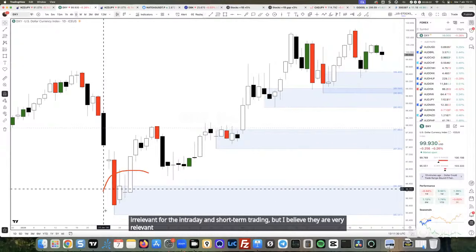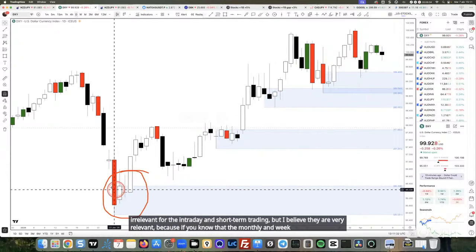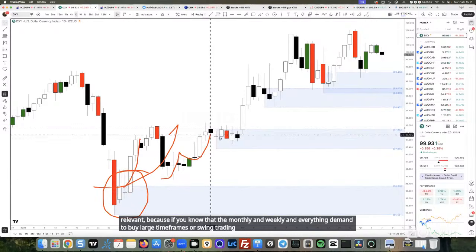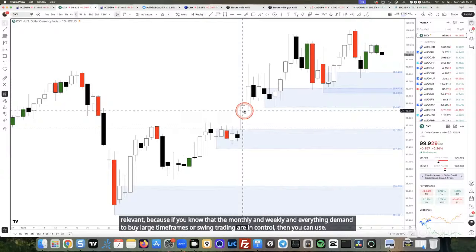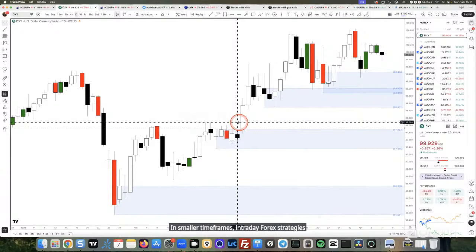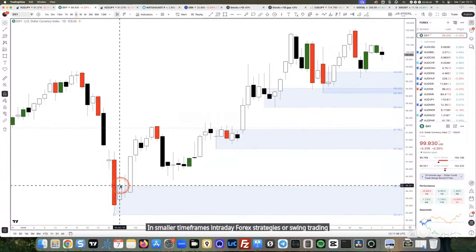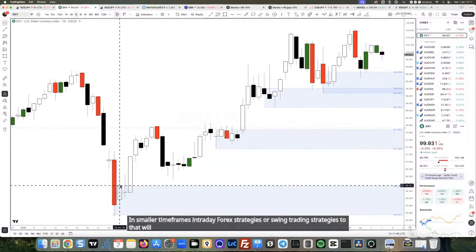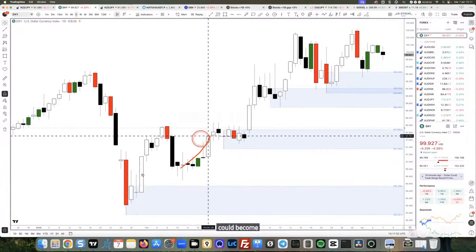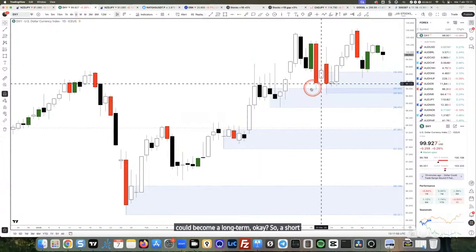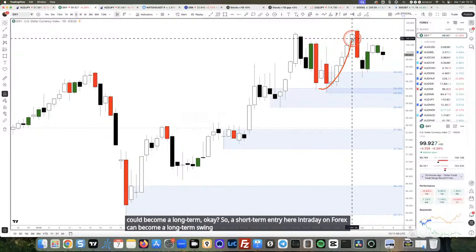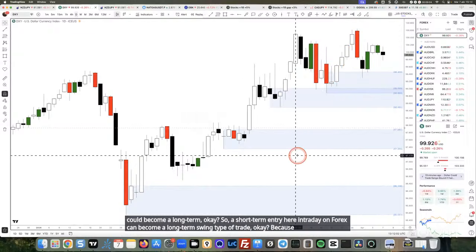If you know that the monthly and weekly demand, the larger time frames or swing trading, are in control, then you can use smaller time frame intraday Forex strategies that could become long-term. So a short-term intraday entry in Forex can become a long-term swing type of trade, because of the strength of these imbalances.